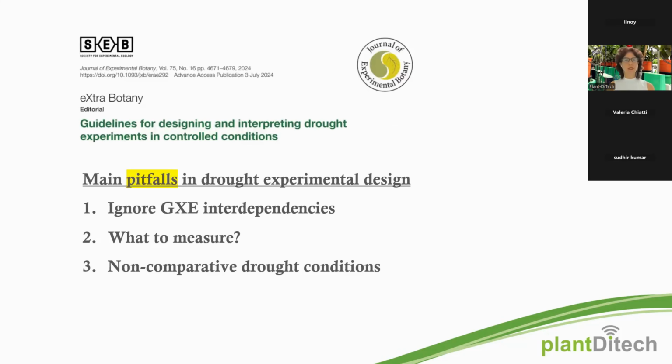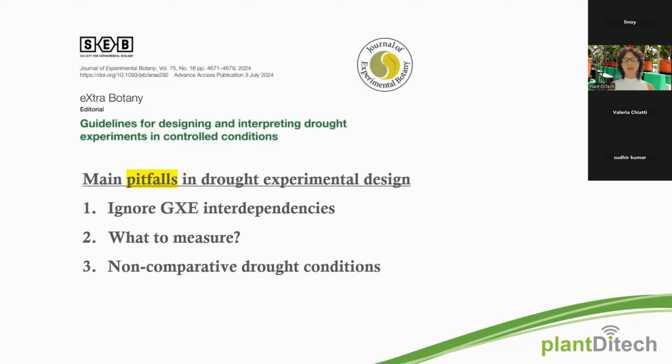So in the editorial paper of the Journal of Experimental Botany, they covered several pitfalls, but I put them into three main buckets.